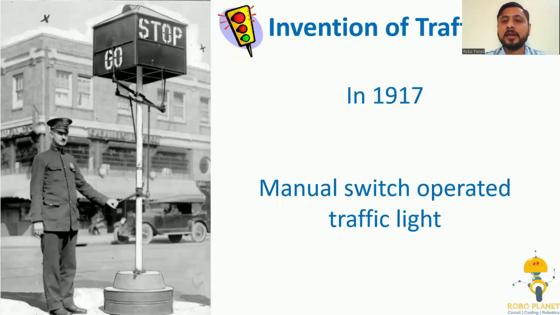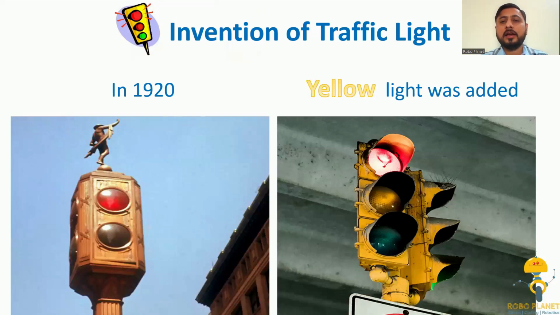Then in 1917, the first manual switch operated traffic light was invented. Then a yellow light was added in 1920, which means 101 years ago. Initially, the traffic light had only 2 colors, red and green, but the yellow color was added later.